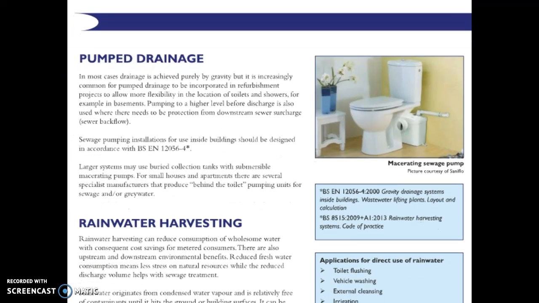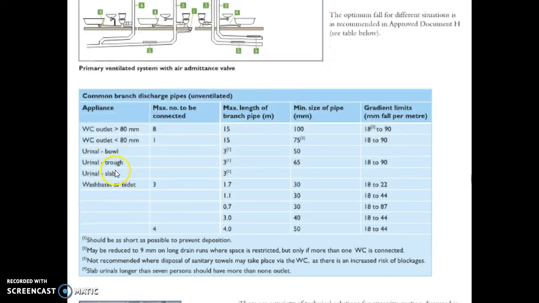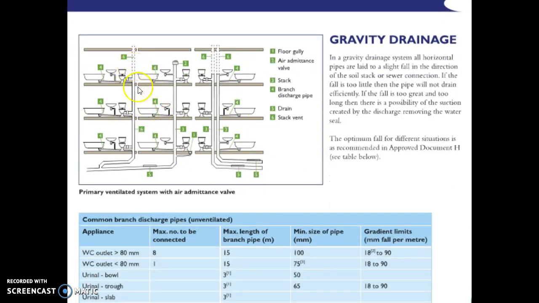Just before I move on to pump drainage, there are other types of systems we can utilize. This is the single stack drainage method, which is the simplest one we can have, the cheapest as well. We have it in most domestic houses and in quite a lot of commercial buildings. But if we can't work to these gradients for various reasons, or if the wash hand basins are too far away from the stack, sometimes that can happen in a commercial building, then we would need to upgrade our drainage system.